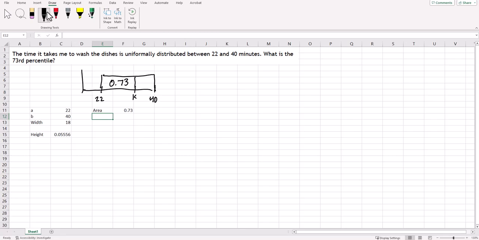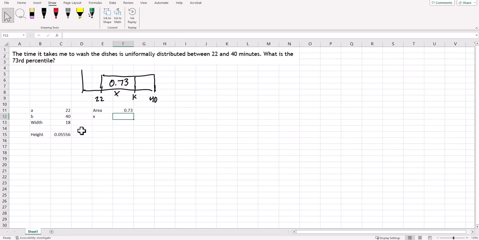Okay, so this width here, I'll call it X, because we have the width of our uniform distribution and we have the width of our rectangle on the inside that's going to be 0.73. So I'm going to call this guy X, which may or may not be a great idea because we have X as some other things. But I need a way to talk about it. Anyway, the height here is going to be this height.